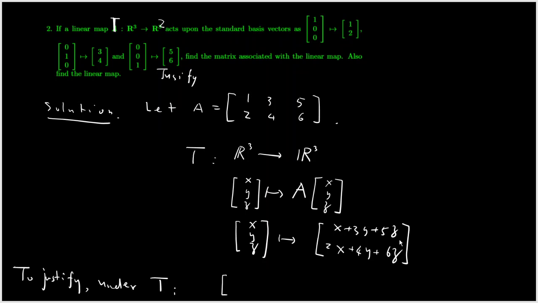We want to verify it's indeed true that 1, 0, 0 goes to 1, 2. You look at here. Okay, 1, 0, 0, it means x value is 1, y value is 0, z value is 0. Okay, and then you get the output.